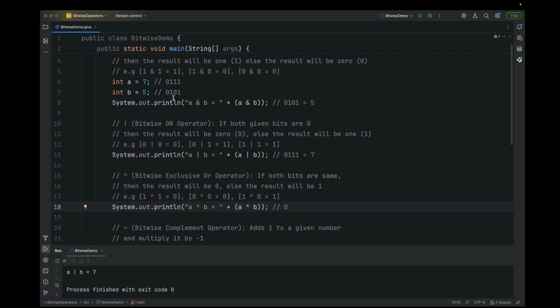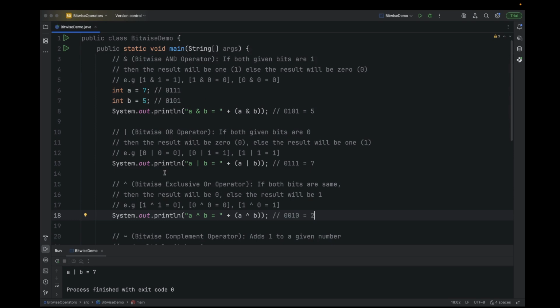The second two bits 1 or 1 will also give us 0. The third two bits 1 or 0 will give us 1 because they are not the same, while the last two bits will give us 0 because they are the same. And the equivalence value of this is 2. Right, so this is the binary digits of 2. So let's run this program and see what is going to happen. Let's see what the result is saying. We can see this now.